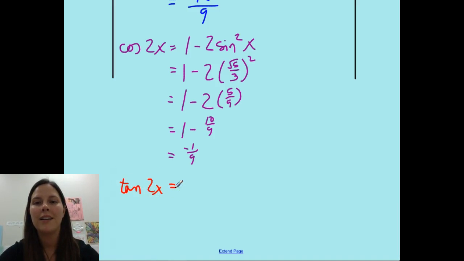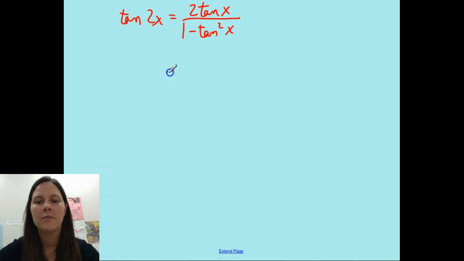And finally, we'll find our tangent of 2x. That formula again is 2 times tangent of x all over 1 minus tangent squared. Substituting in our tangent value, we have the square root of 5 over negative 2, opposite over adjacent. Substituting that in the denominator as well and squaring it.